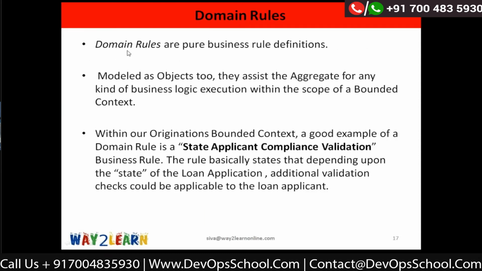So domain rules are pure business rule definitions. These domain rules are also modeled as objects. They assist the aggregate for any kind of business logic execution within the scope of the business context.